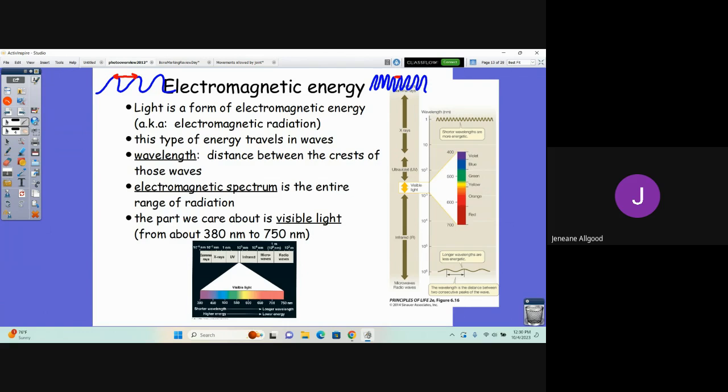Now, really, we don't really care as much about the red versus the purple light. What we care about is which wavelengths of light a given pigment can absorb the best, because that's what's going to determine its rate of photosynthesis. People always want to look at this and be like, oh, well, if it's absorbing violet light, that's more energy.